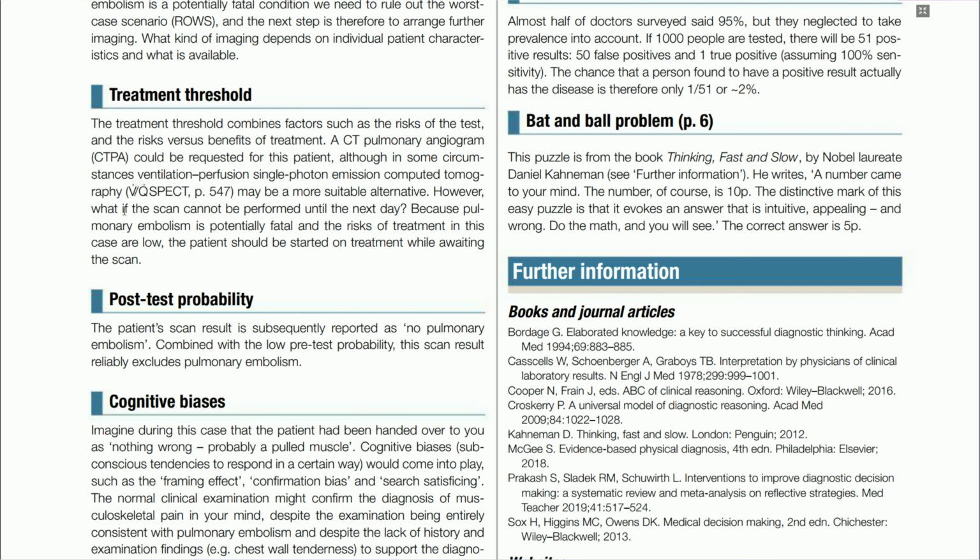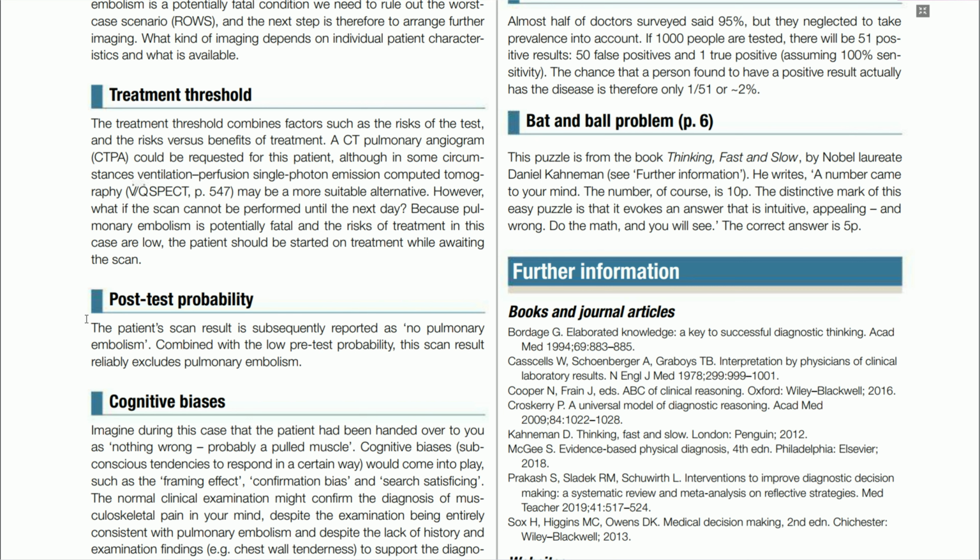However, what if the scan cannot be performed until the next day? Because pulmonary embolism is potentially fatal and the risks of treatment in this case are low, the patient should be started on treatment while awaiting the scan.